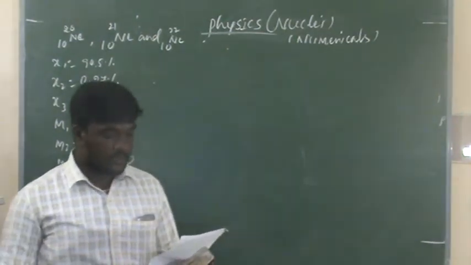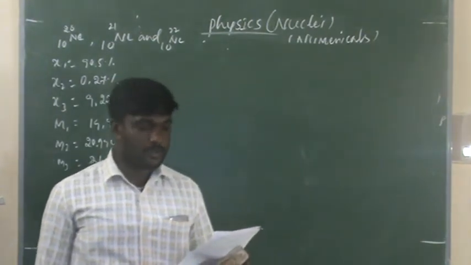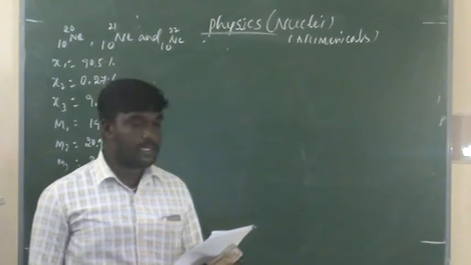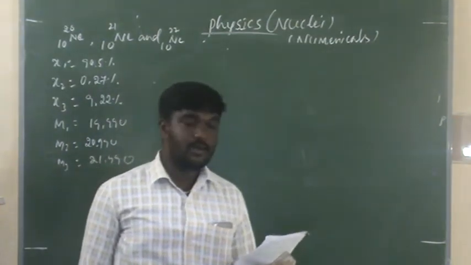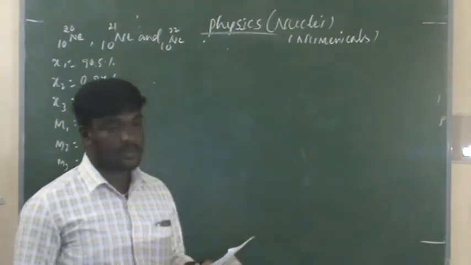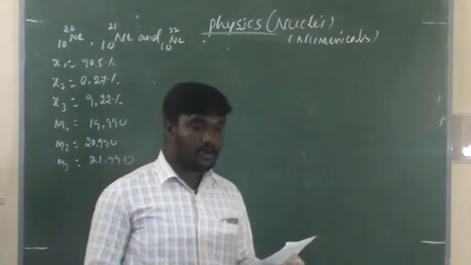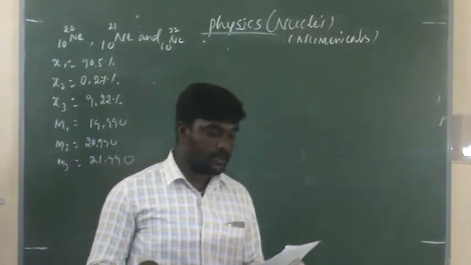So abundance is also given. Then the atomic masses of the three isotopes are given: 19.99 unit, 20.99 unit, and 21.99 unit. What we need to calculate is the average atomic mass of neon.